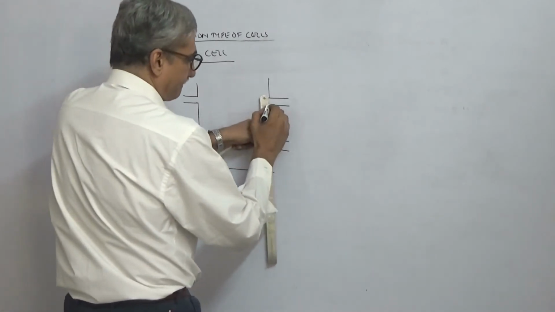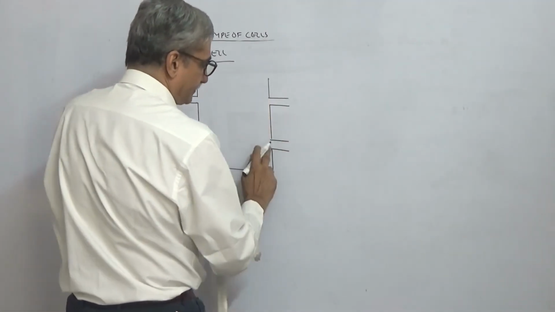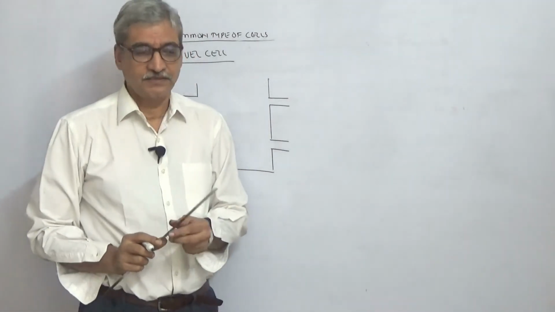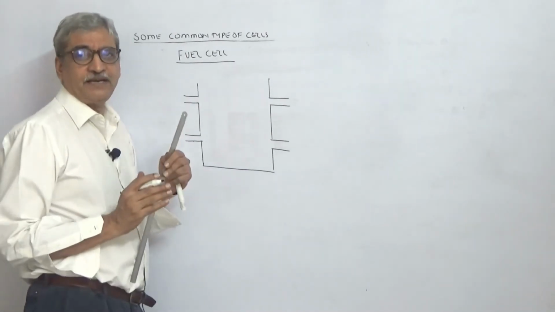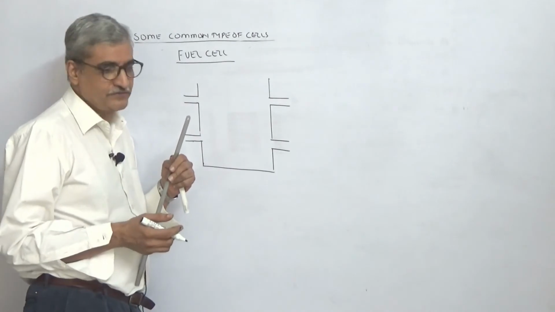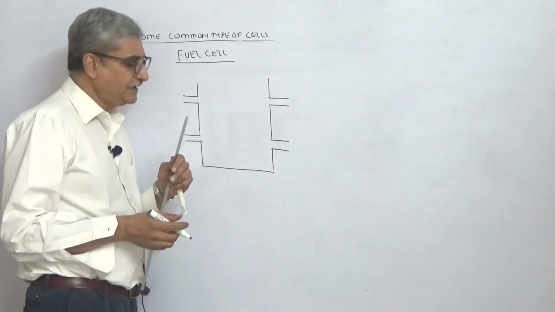Now this is divided into 3 compartments by using graphite partitions impregnated with platinum. So that's where the cost goes up. A fuel cell is costly because of the ingredients that go into it.